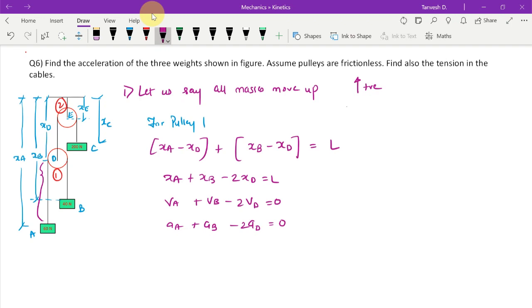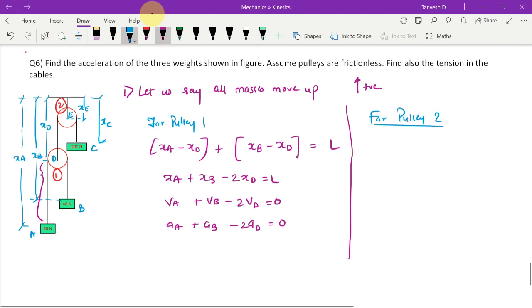Then for pulley 2, we can write the equation as XD minus XE, which is going to give me this length, right?